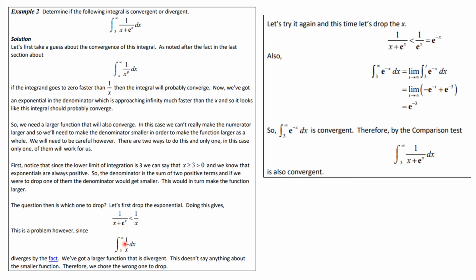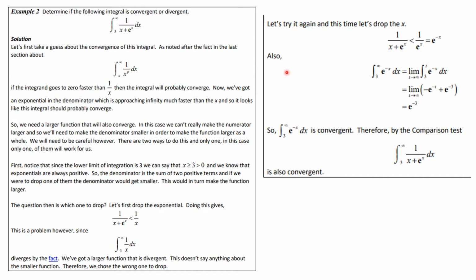But you see, this is bigger, certainly, but this integral diverges. That's not what the problem is asking. It has to go the other way, because the dominant function, the bigger function diverging, doesn't tell you anything one way or another about the smaller function. So if you went this way, you guessed wrong.